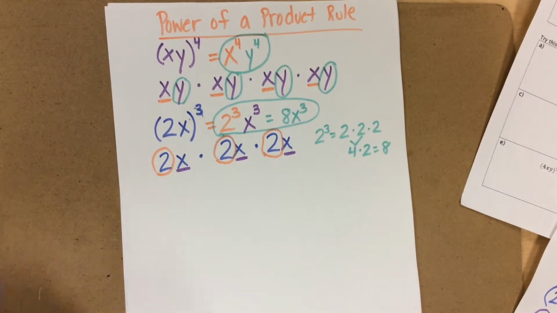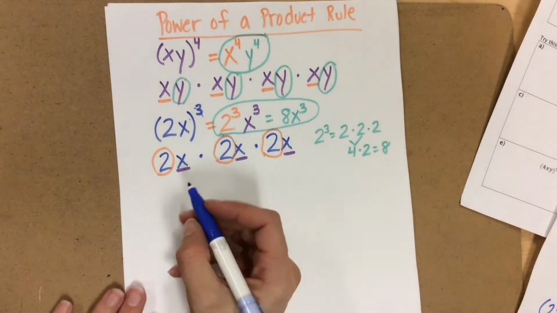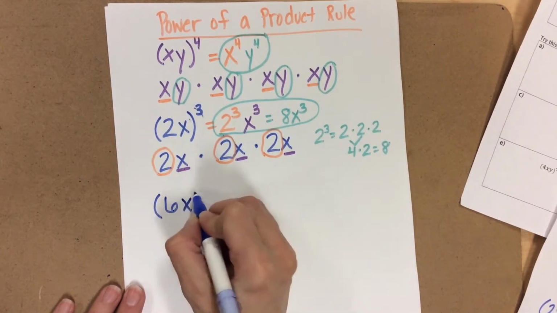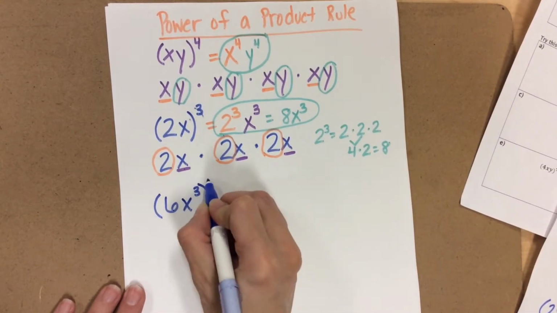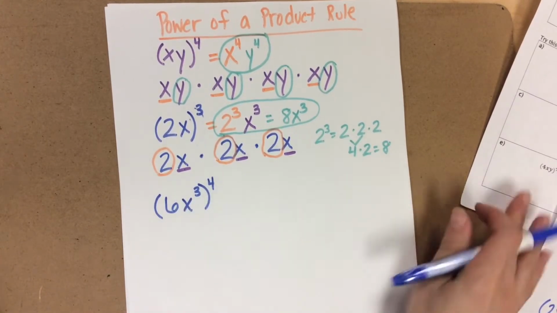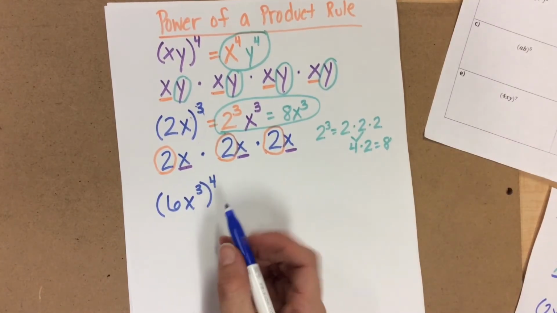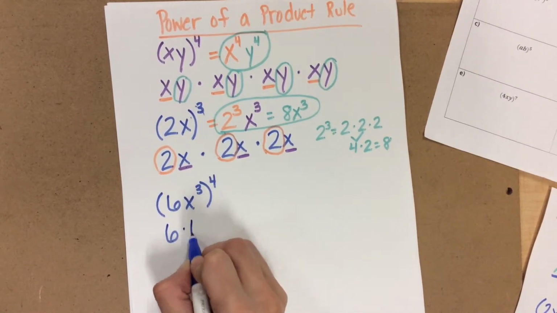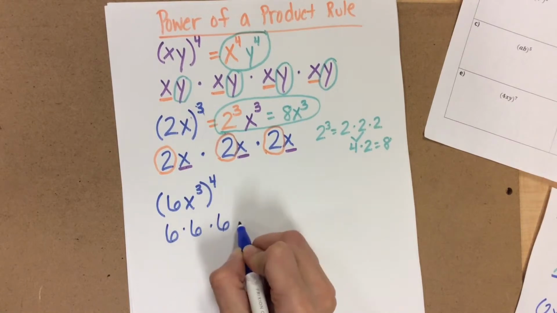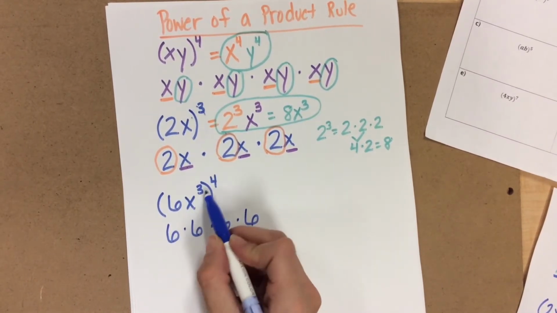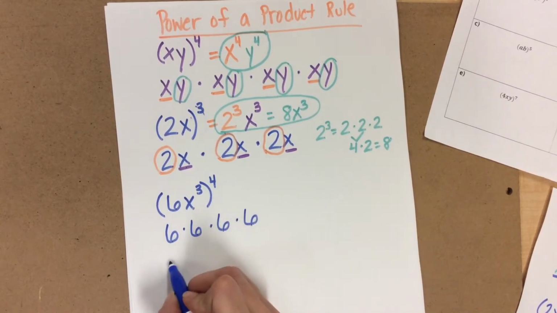And our last example that you have on your paper is 6x to the third power to the fourth power, which means we have 6x to the third 4 times. So we have 6 times 6 times 6 times 6, which would be to the fourth power, then x to the third 3 times.